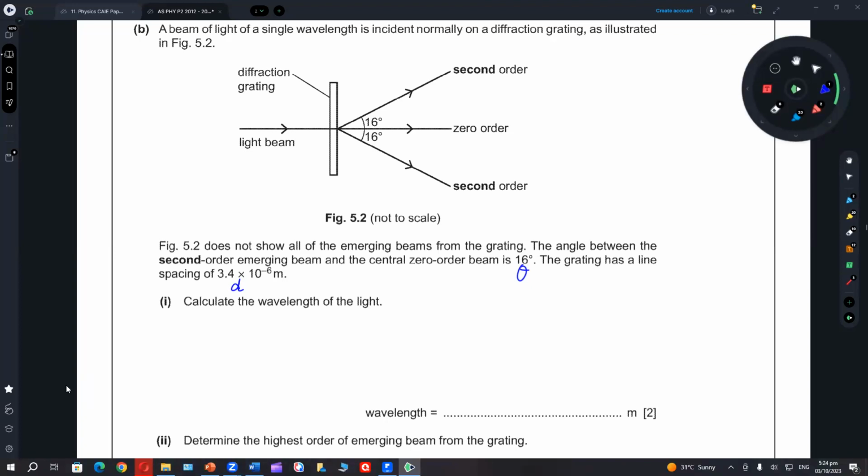What's the formula? N lambda is equal to d sine theta.